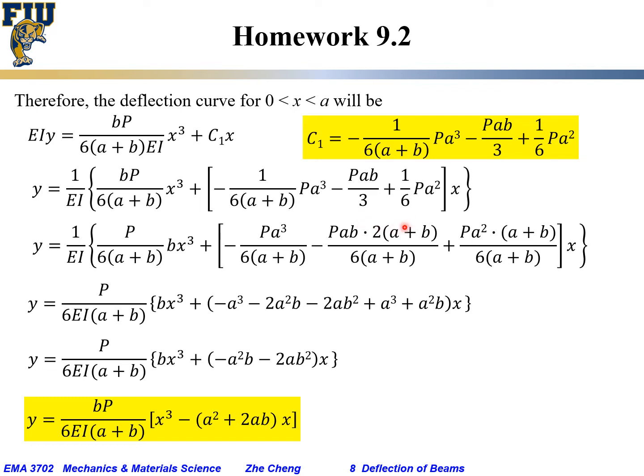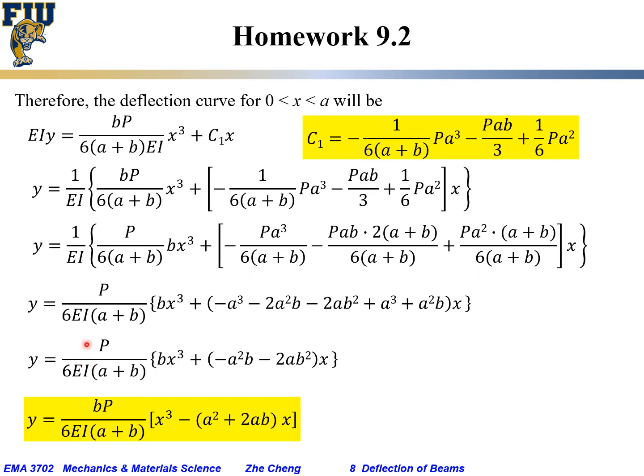The first term we keep, the second term becomes this one here, and the third term we multiply by both a plus b, and 3 becomes 6, so we have 2 (a plus b), the third one over 6 (a plus b), and we put them together, EI in the front.